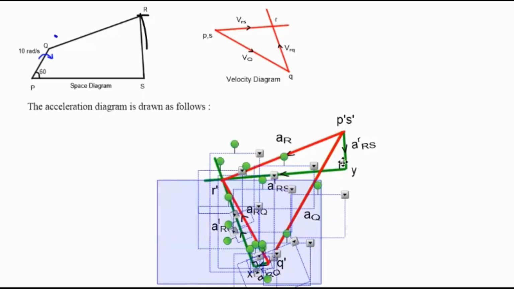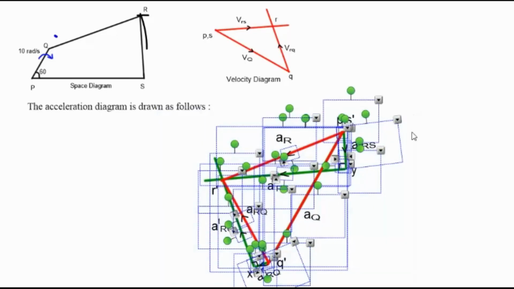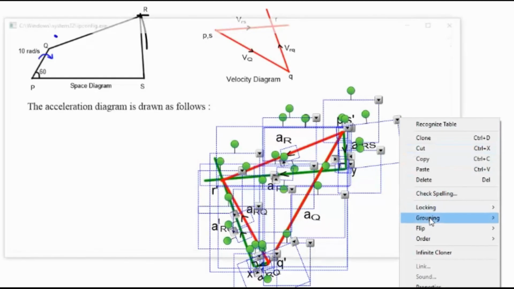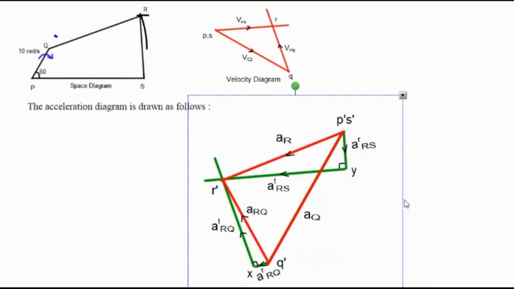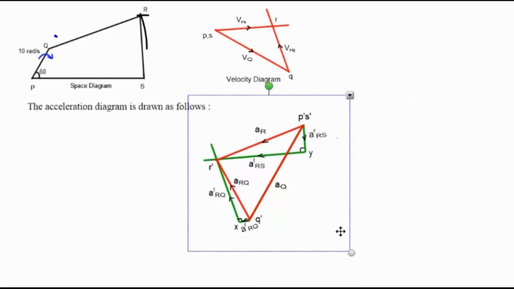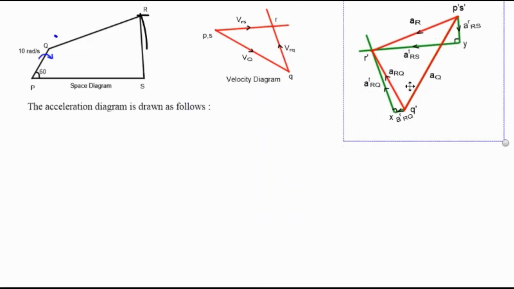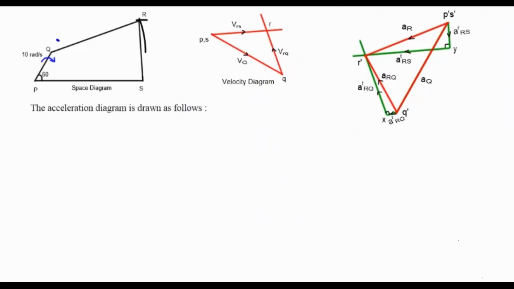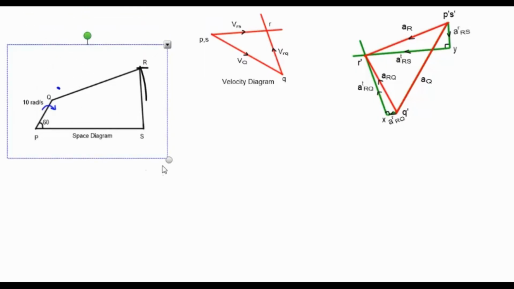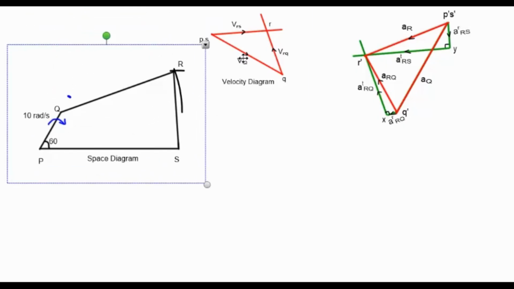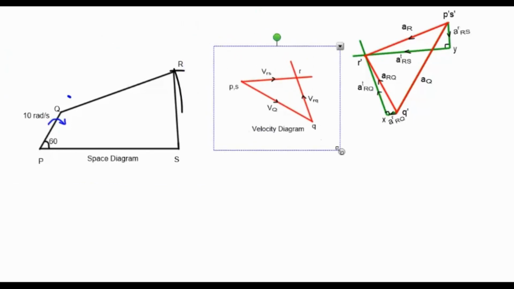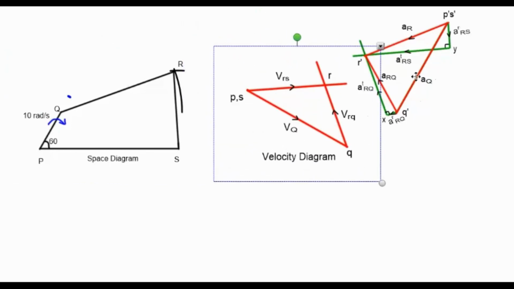Once we complete the acceleration diagram, we can measure those sides and get the acceleration of the various links. After measuring, we need to multiply by the scale chosen. Then only the exact value will be obtained.